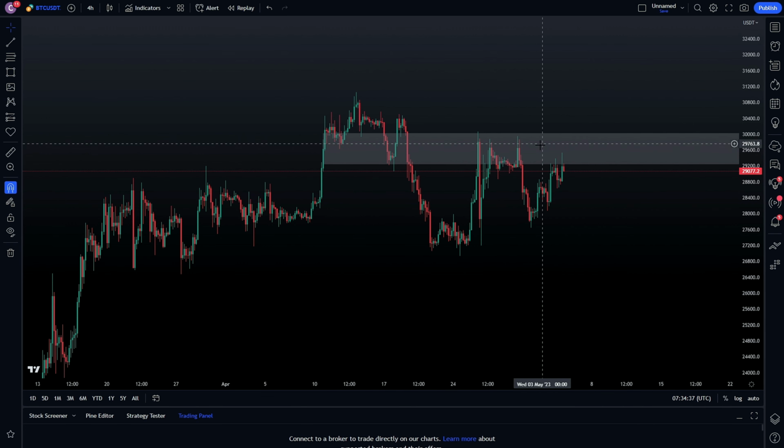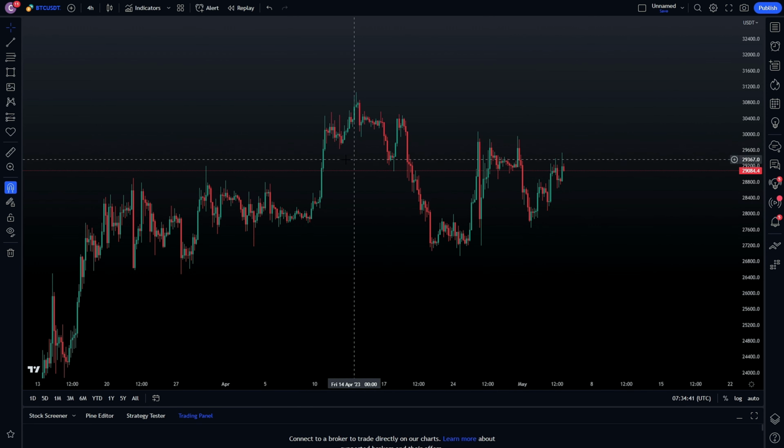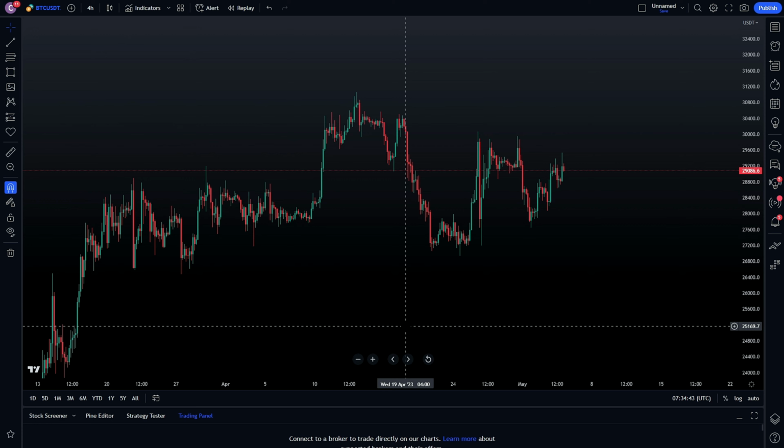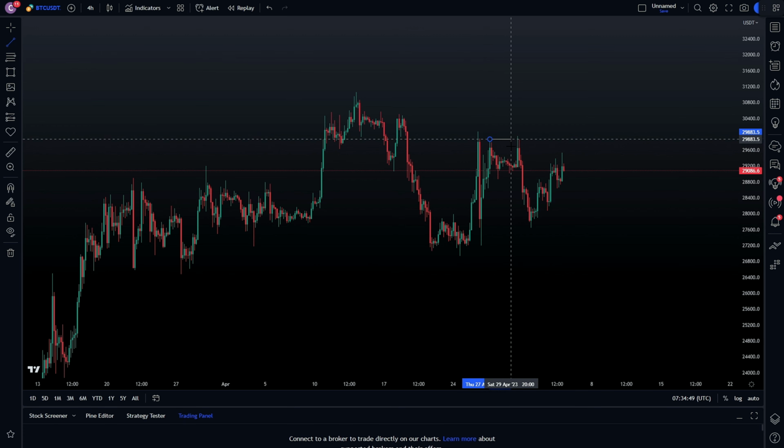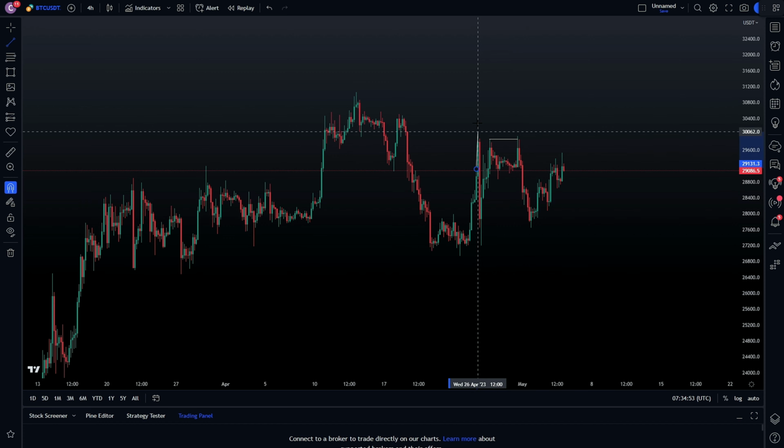We can see a little wick towards the upside, but in my opinion, without any type of confirmation, you shouldn't be jumping into shorts here. And why is that? Yes, we saw a decent sweep of this high, but we didn't even sweep the liquidity above the high over here.